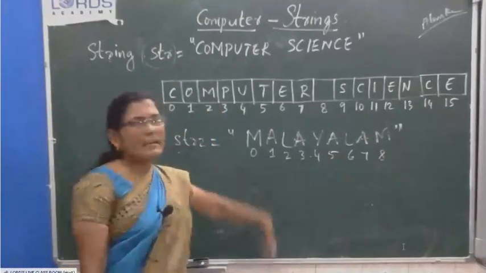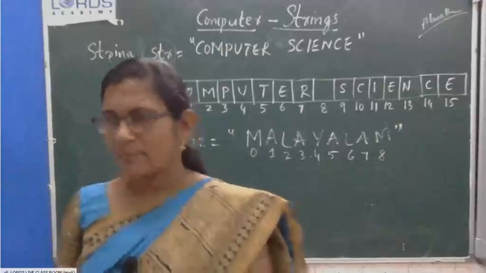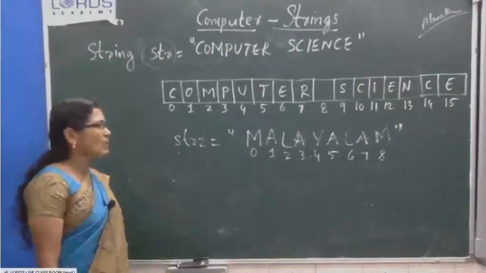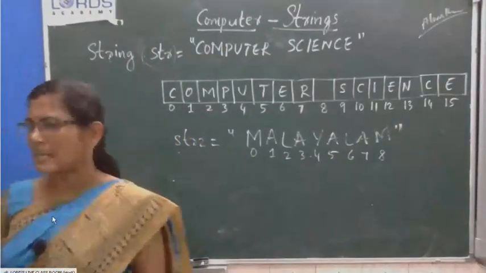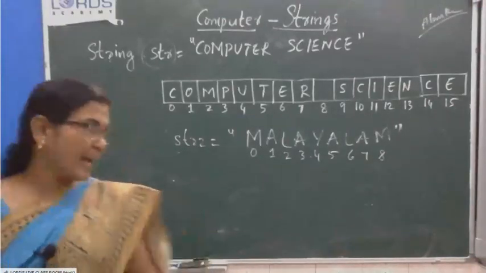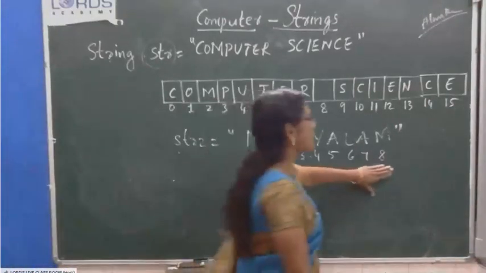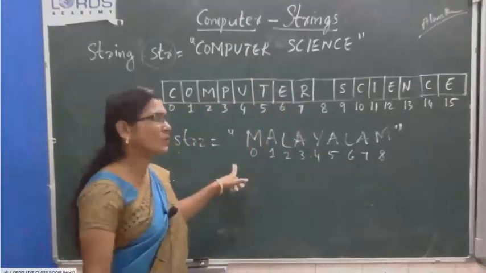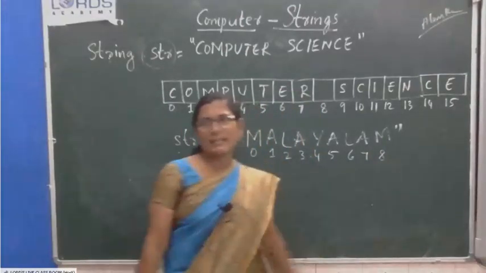So what is the length of the string, Amlin? New string str2. I want to find out the length of the string. 9. Total number of characters 9. Index number started from 0 onwards till 8. Okay.